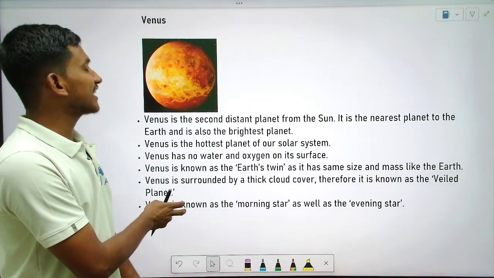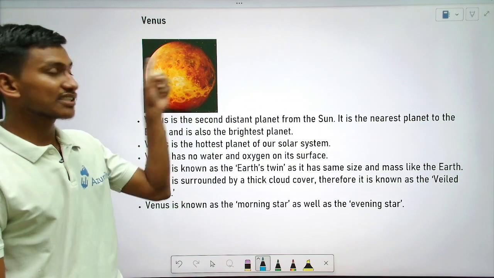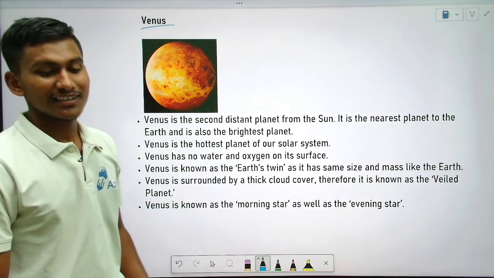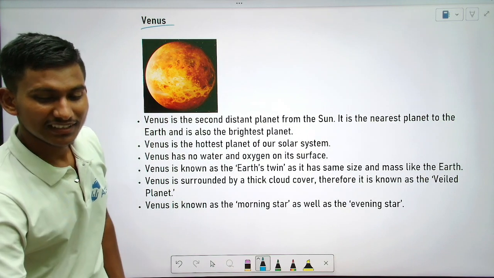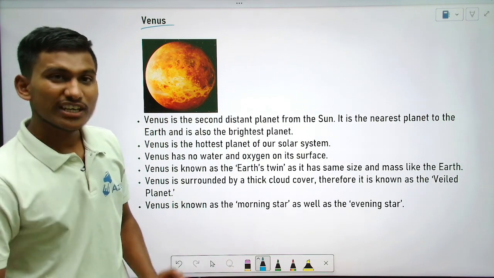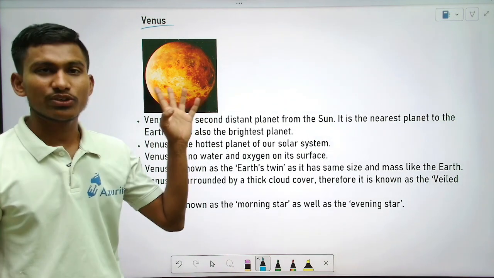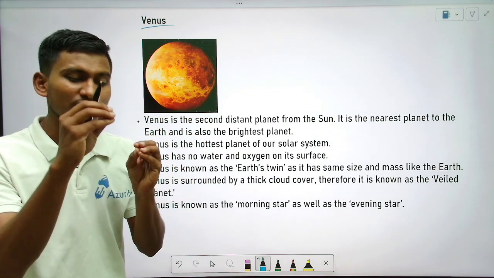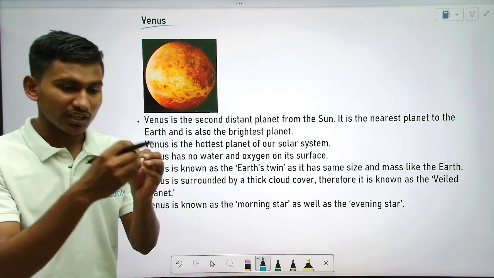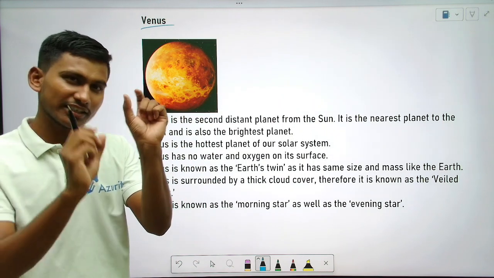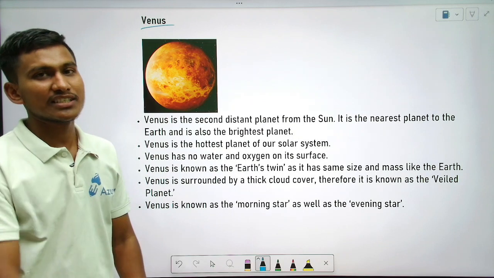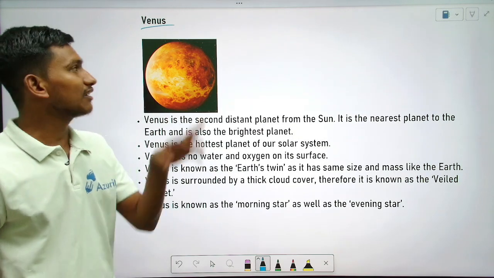Okay, so let us see the next planet, that is second from the sun. Which is the second from the sun? Venus. Yes. Okay, so we have seen second hottest is Mercury, first hottest is Venus. And if you see in the morning and the evening, after the sunrise, there will be a planet visible near the sun, and during the sunset also there will be a planet visible near the sun.